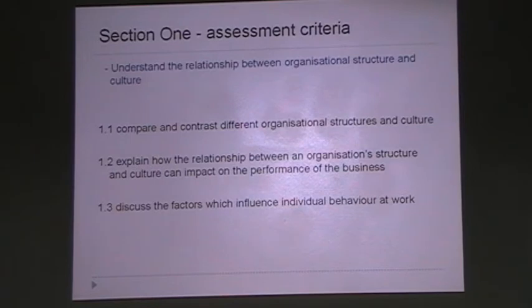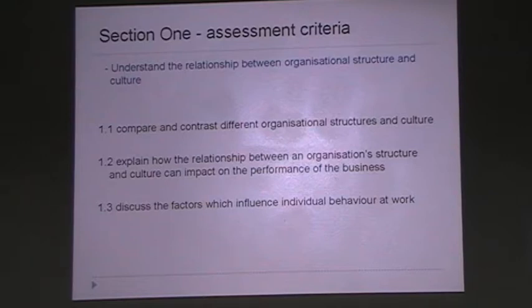Section 1 of the learning outcome covers 3 aspects, okay, and we call this the assessment criteria. As a student, to pass this course, you are expected to show knowledge of the assessment criteria. The first one we'll be looking at today is to compare and contrast the different organizational structures and culture available in the workplace.